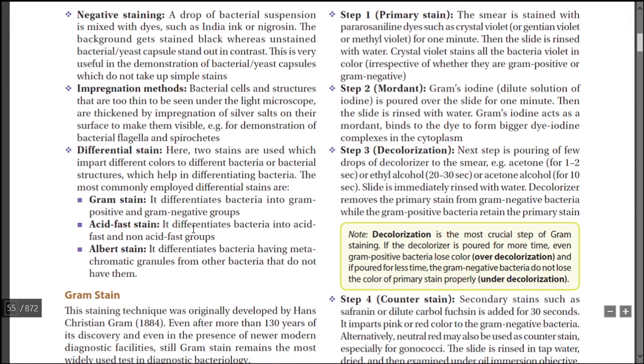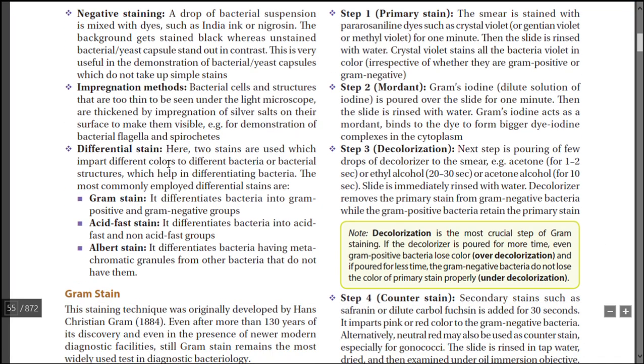Next, we are going to see a differential stain. Two stains are used to impart different colors to different bacteria, which helps in differentiating bacteria. Differential stain, we have seen in WBC last year, first year MBBS, that different types of WBCs can be identified by using Leishman stain, which will give characteristic color to the specific WBCs.